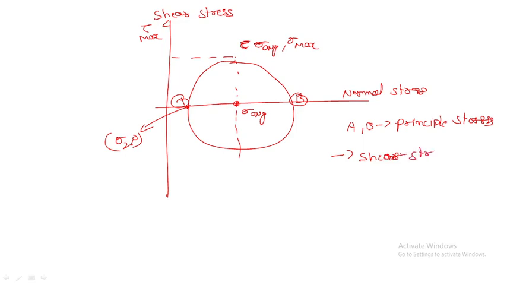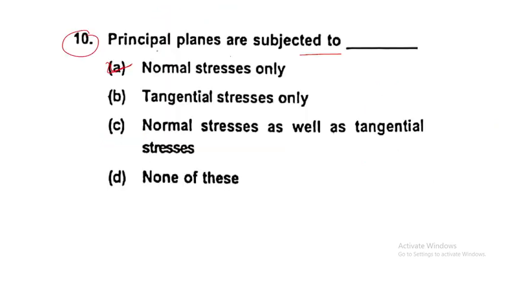Shear stress is 0 at A and B. Right? Are you getting the point? What are they actually telling? So the principal planes are subjected to normal stress only.